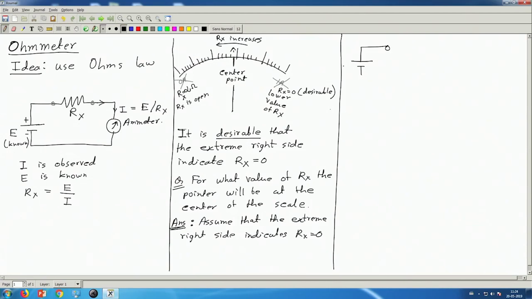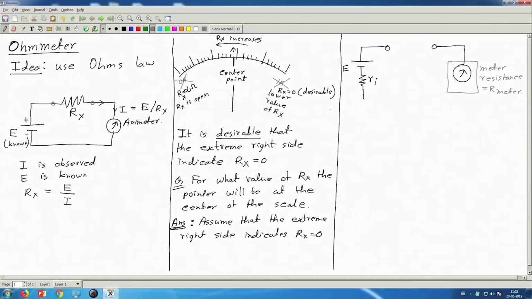With a bit more detail. This is the EMF E, known. This battery can have some internal resistance, maybe R I. Here I have the meter, and say the internal resistance of this ammeter is called R meter, which can be the coil resistance, and it can have some shunt resistance.